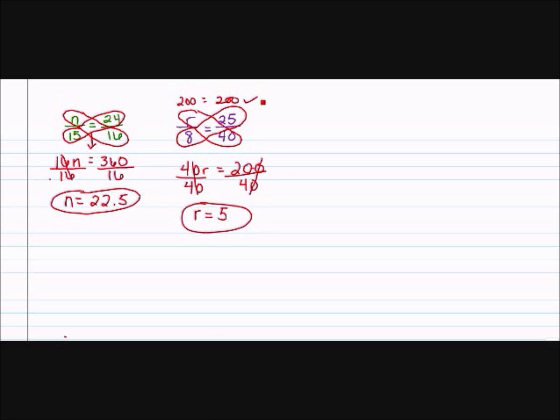Now, just because they put in decimals, you're not doing it any different. Let me go on to a new page. What if I have 3.2 divided by 4 equals 2.6 divided by x?